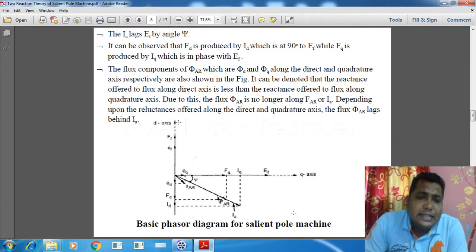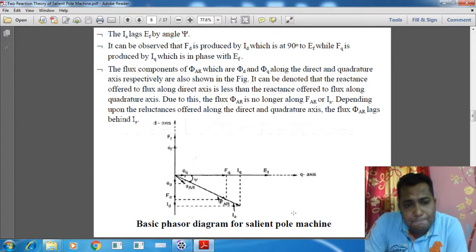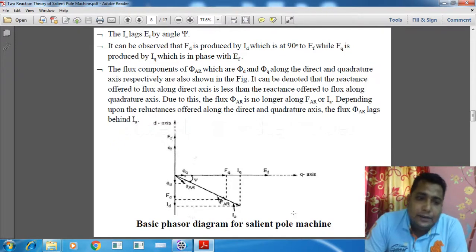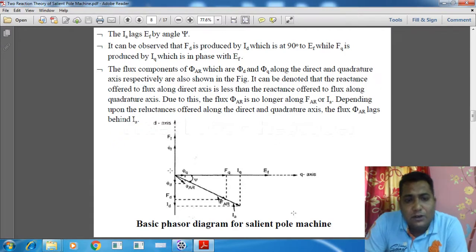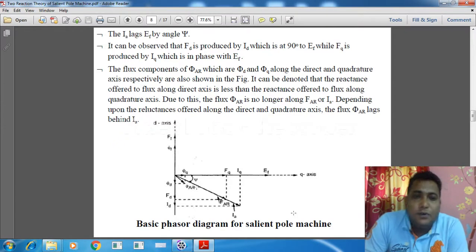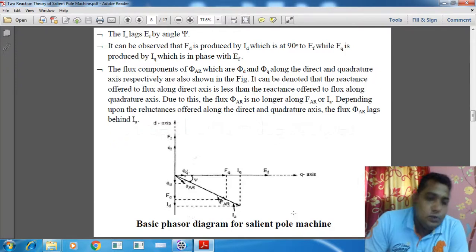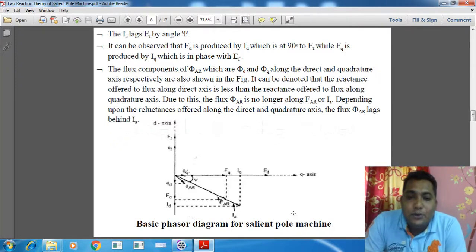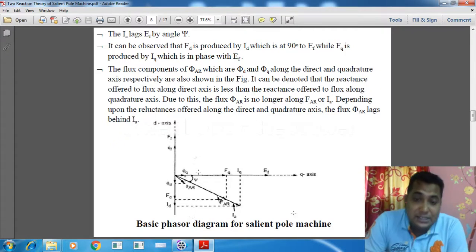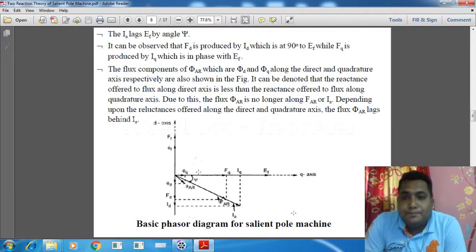Over the direct axis we have phi D and FD, and here in the below section we always have ID, FD and phi D. Obviously over the quadrature axis we have the components phi Q, FQ, IQ, and as we have discussed, along the FQ axis we have the Ef.